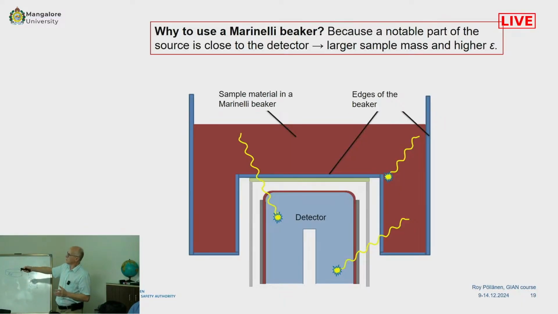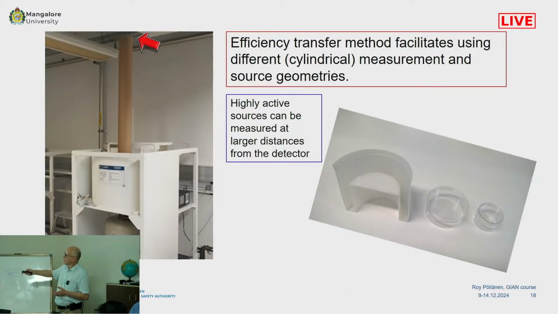So gammas may go from here to here or here to here. The distance in those Marinelli beakers we are using is always the same, 3 centimeters. The volume of this beaker is half a liter. We normally measure water samples using these beakers, sometimes soil samples or other things.